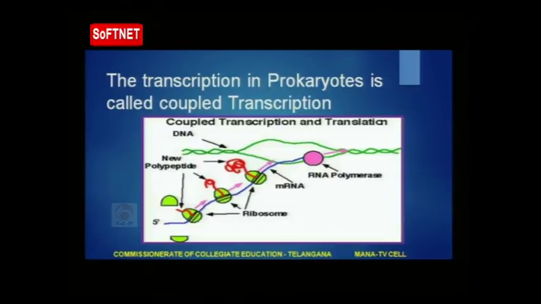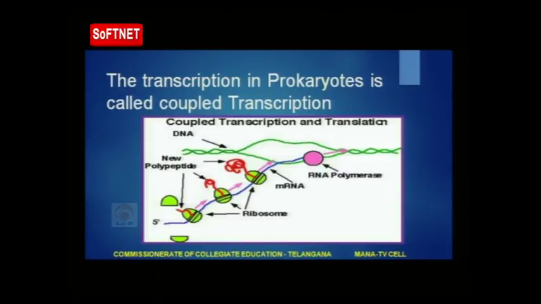If you observe eukaryotes, the transcription is separated: transcription occurs in the nucleus, and from there the synthesized mRNA molecule has to reach the cytoplasm after post-transcriptional modifications. So it is locally separated. In eukaryotes, transcription occurs in the nucleus, and the synthesized molecule is called the transcript or primary mRNA, which undergoes some modifications.